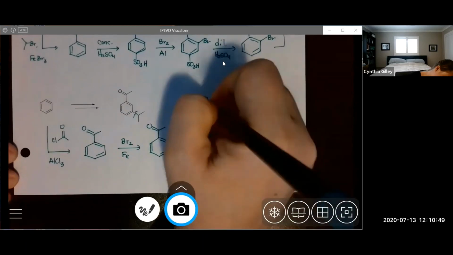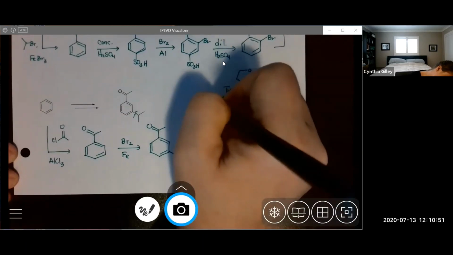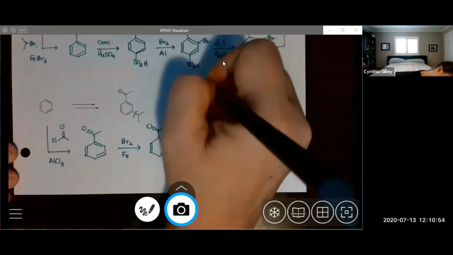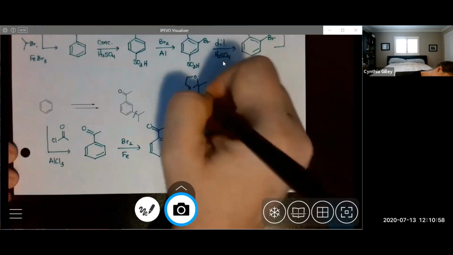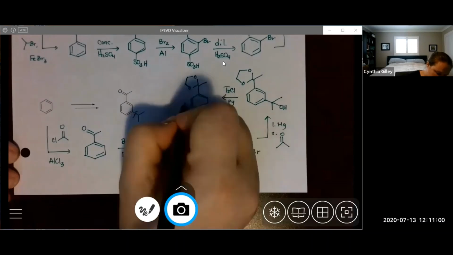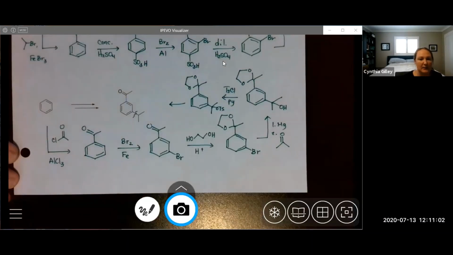That way it's smaller. We can do a strong base, like potassium tert-butoxide or even hydroxide would be okay.